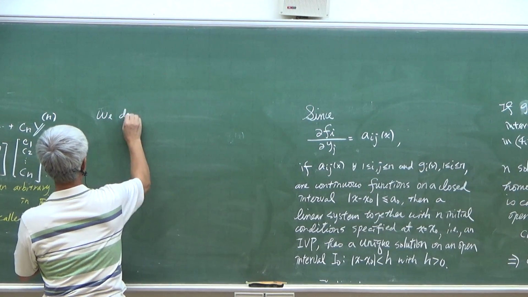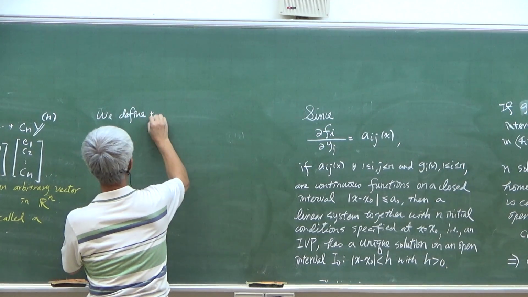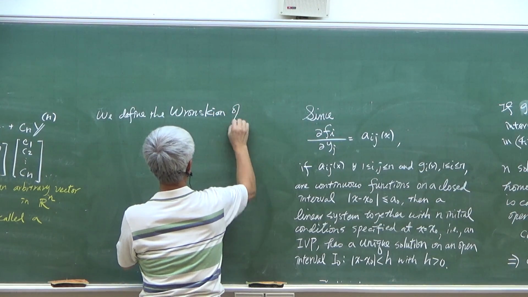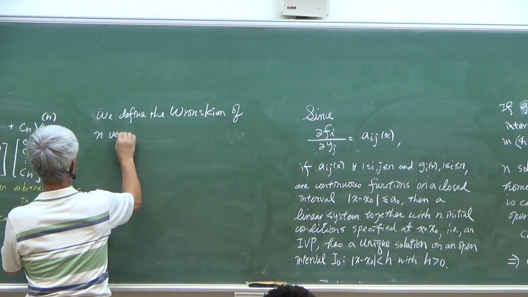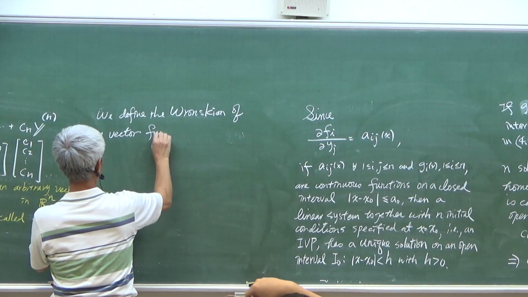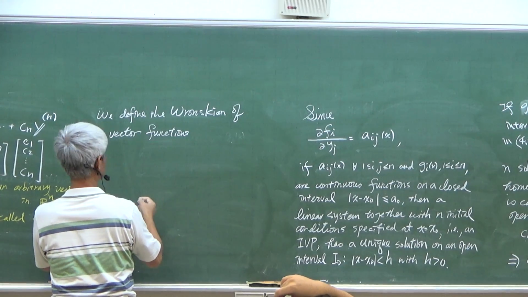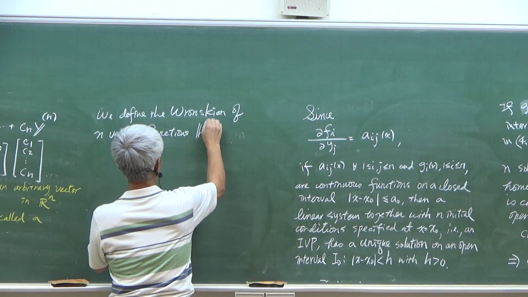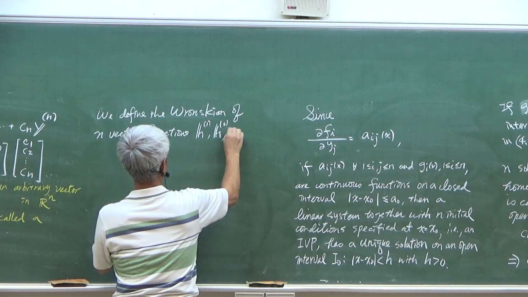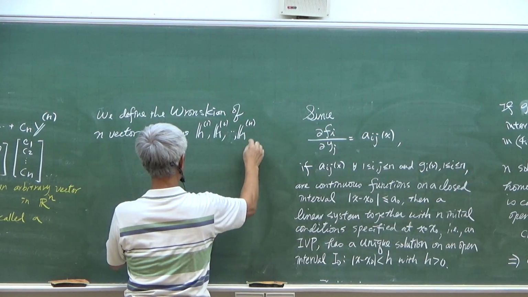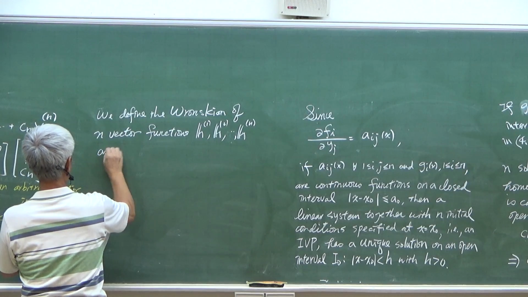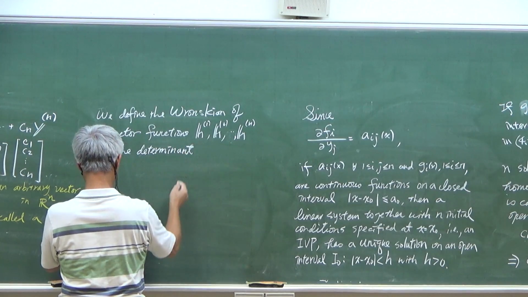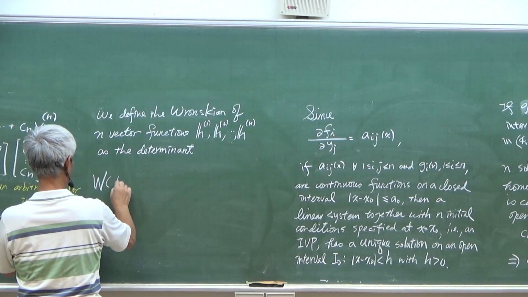Now, we define the Wronskian of n vector functions h as the determinant.